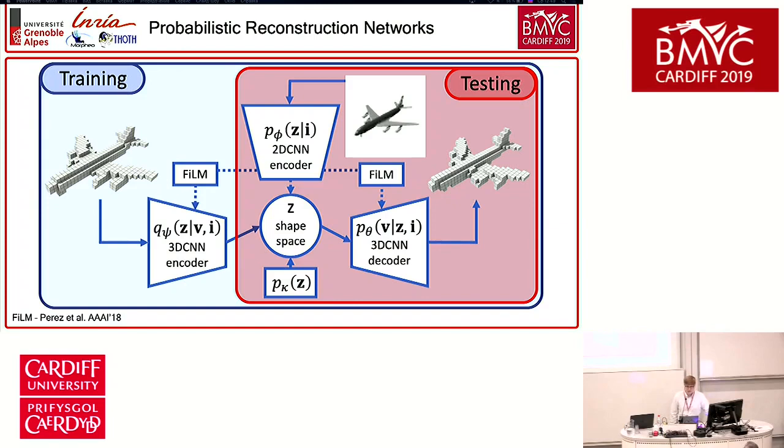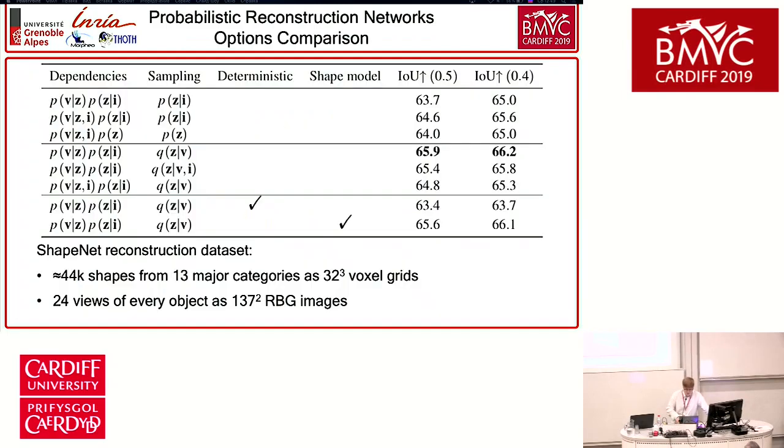The unconditional prior is represented by a set of trainable distribution parameters, and we model the latent space with Gaussian distributions. Additional image conditioning is performed in a FiLM-like fashion in our work. During training, the model optionally uses a shape-informed posterior, while during testing it reconstructs the objects directly from the images in a deterministic manner by taking the mean of the latent variable Z.